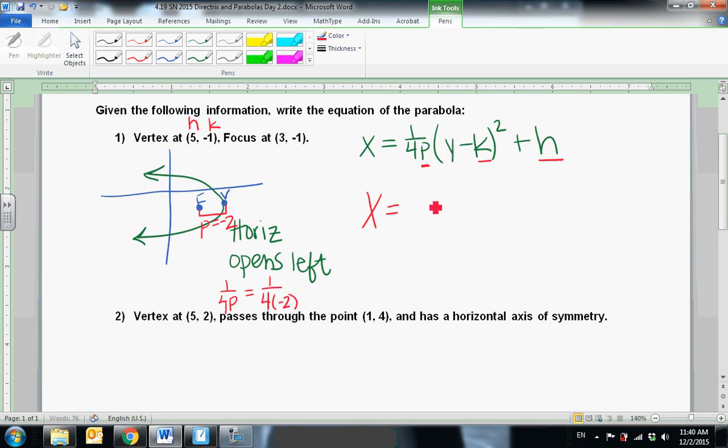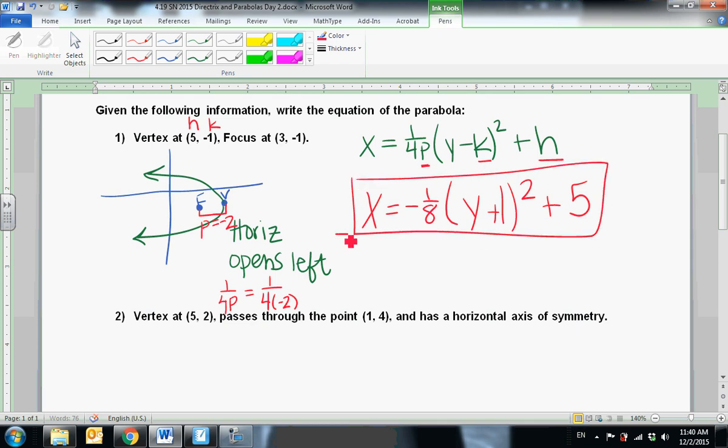So what's that? -1/8 times (y plus 1) squared, yeah, because it's minus -1, right? It's the opposite. So (y plus 1) squared plus what? 5. Questions on that?